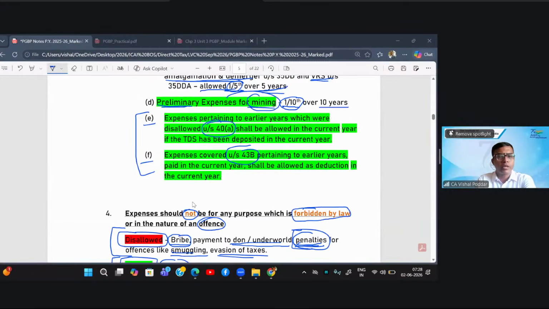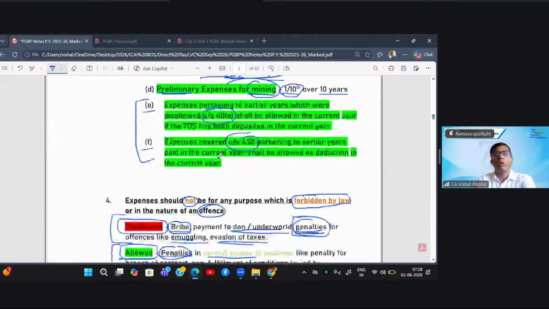Isha beta, in exams, they will be asking you to solve this question, like how we solved a question. Now, when you are solving the question, you have to give the reasoning also in the form of notes to your answer. So in the notes, you are expected to give the reasoning by mentioning that yes, there is a section like this, which is allowing you the expense or not allowing you the expense.